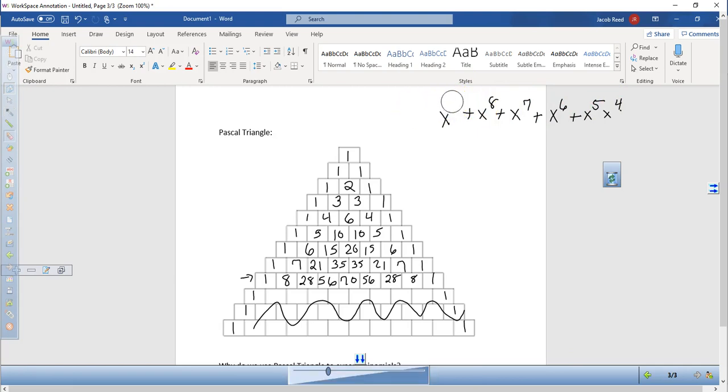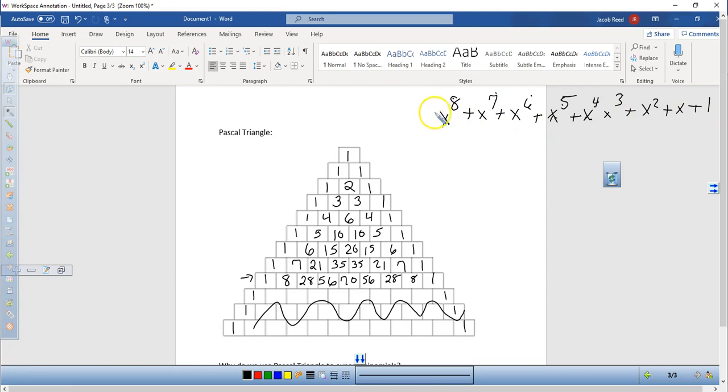Actually, this should be an 8. So 1, 2, 3, 4, 5, 6, 7, 8, and then 9. This is how long that polynomial could be.